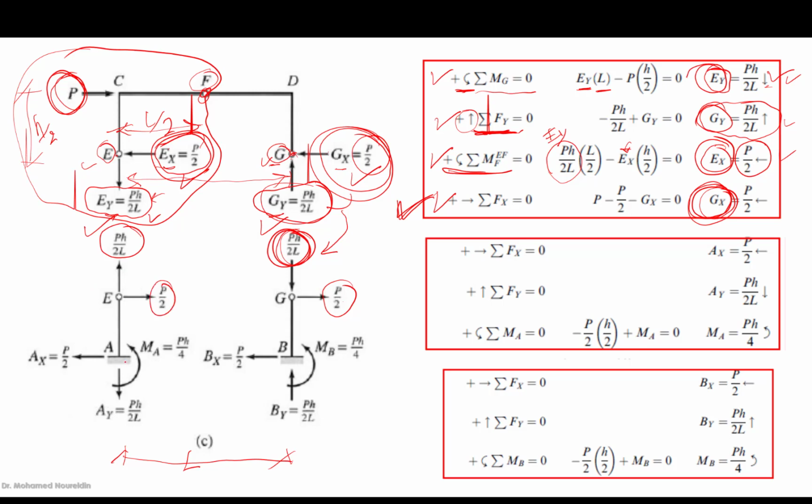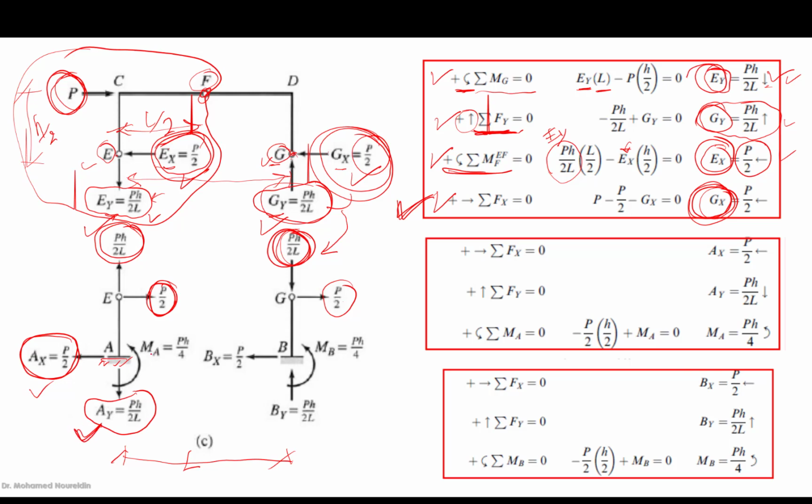Then we have here a cantilever, which has a fixed support at the bottom, right? Simply from summation of X, this is P over 2, then the horizontal reaction at A, which is AX, should equal P over 2. Okay? And we have PH over 2L heading up. We must have AY equal to PH over 2L heading down.